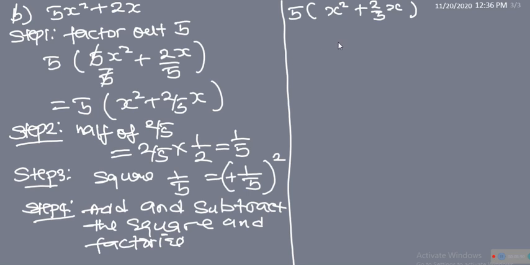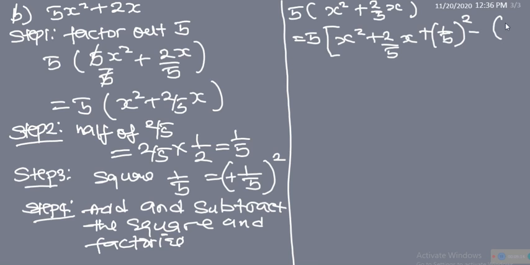So if we are adding and subtracting the half, we are adding and subtracting it to the whole expression in the brackets. So let us use a square bracket: plus 2 over 5x plus half plus 1 over 5 squared, minus, subtract it again, minus 1 over 5 squared, and then you square it.